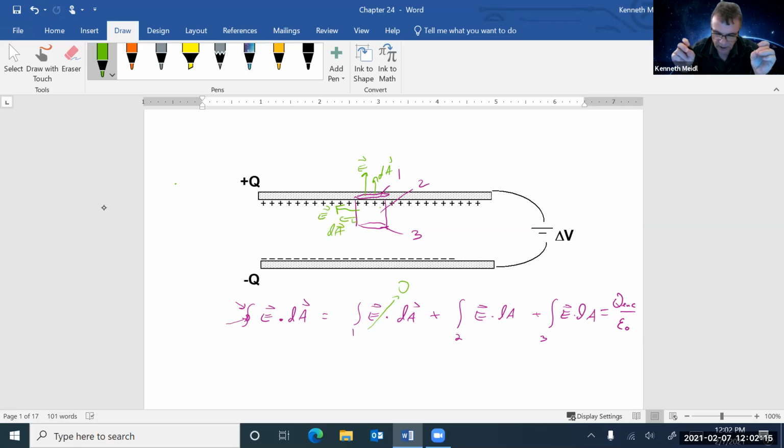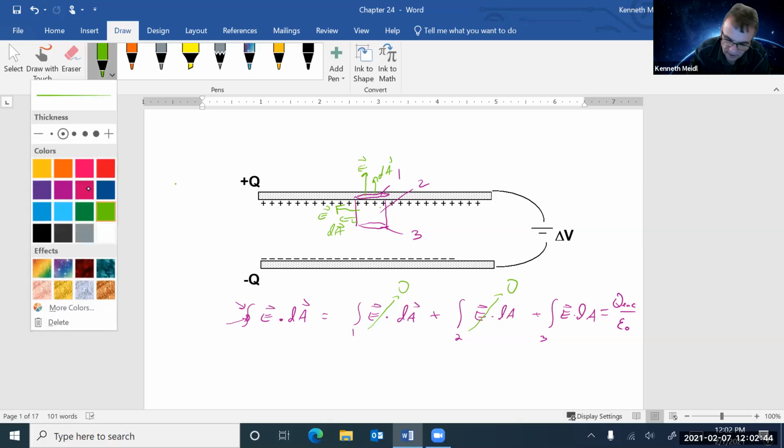Once again, if there's an electric field that's pointing along the face of the plates here, then the charged particles are once again in continual motion on the plates, and they're not in equilibrium, and so that just can't be. Once again, you would have almost perpetual motion here, and so for surface 2, we get really no contribution. So it's through this third face that is the important one.